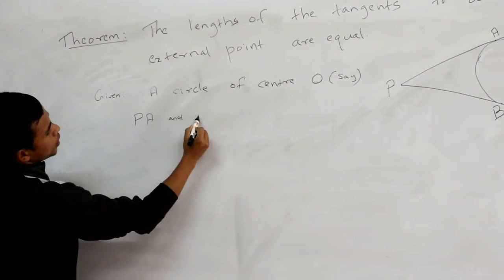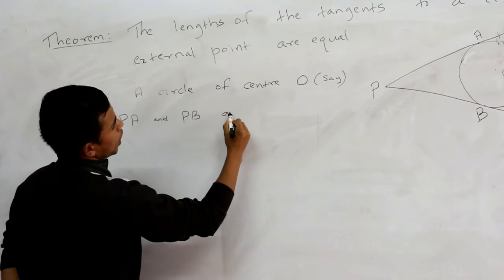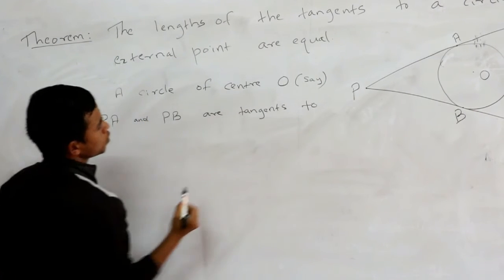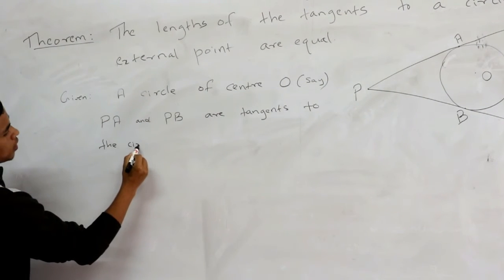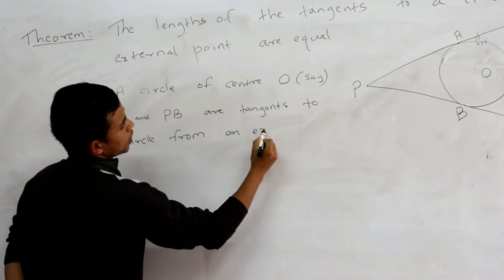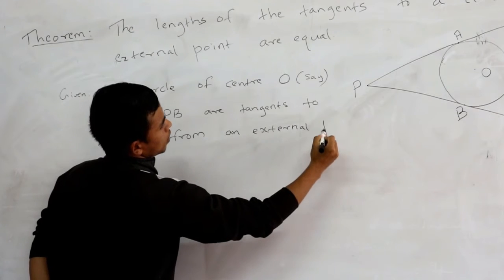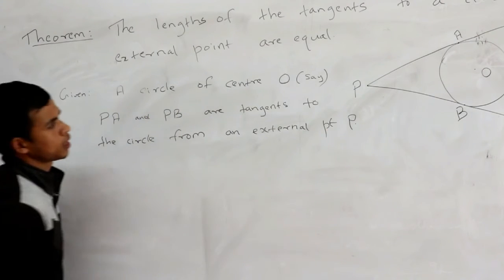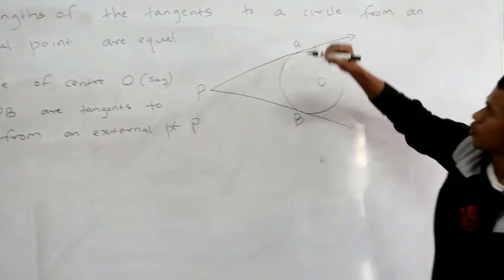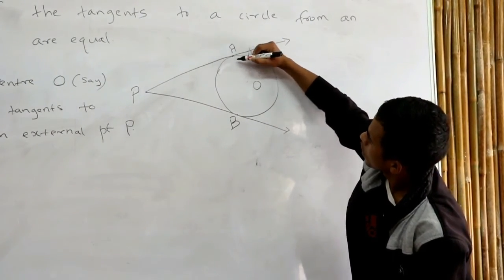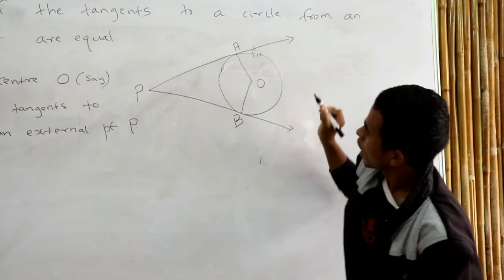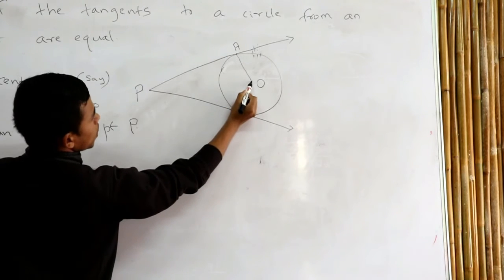PA and PB are tangents to the circle from an external point, which is P. And here we will do some construction, and we will join OA and OB, and finally we will join this OP.